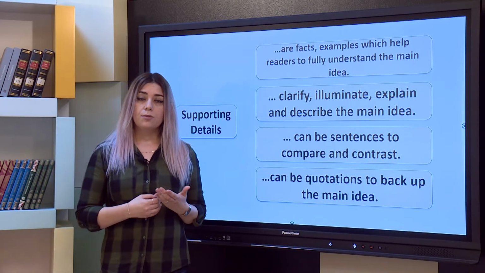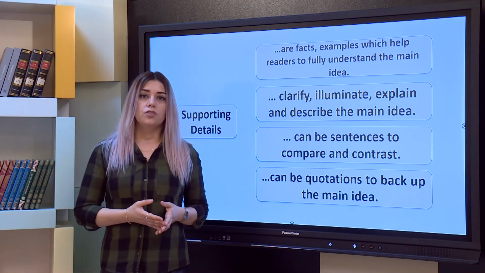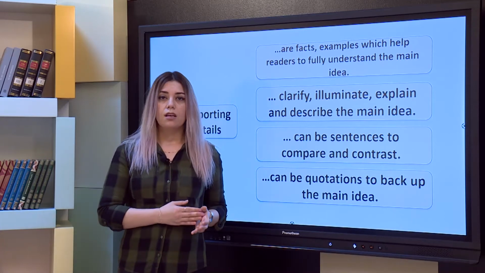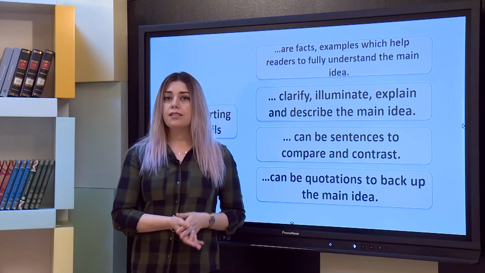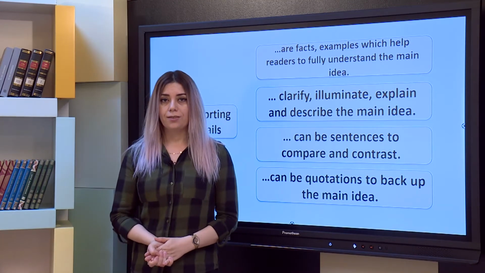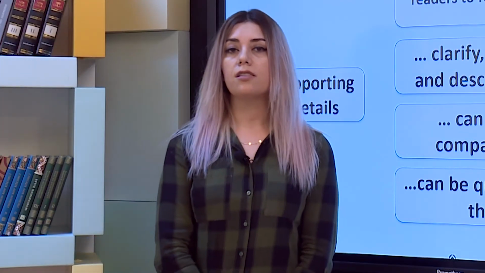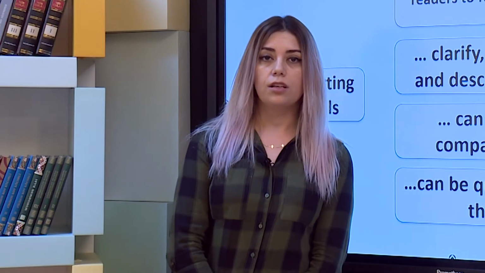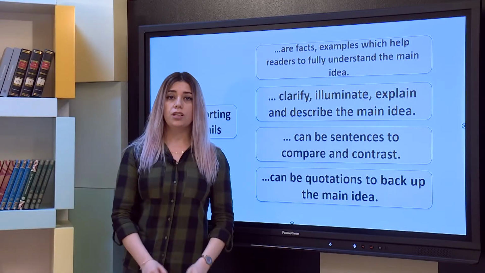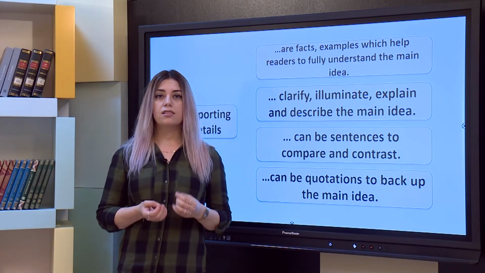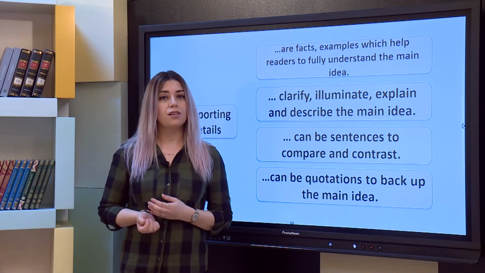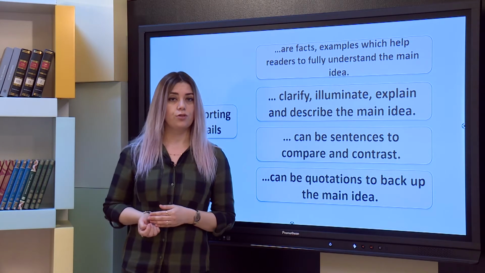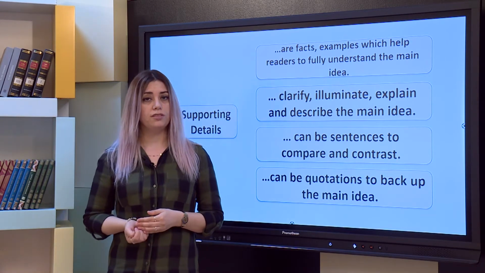They make comparisons and contrasts that also lead to understanding the main idea much better. Also, if in the text you see some quotations, these can also be supporting details. Quotations means quotes, some phrases, sentences, some speech made by somebody else. These are also used in the text to support the main idea.